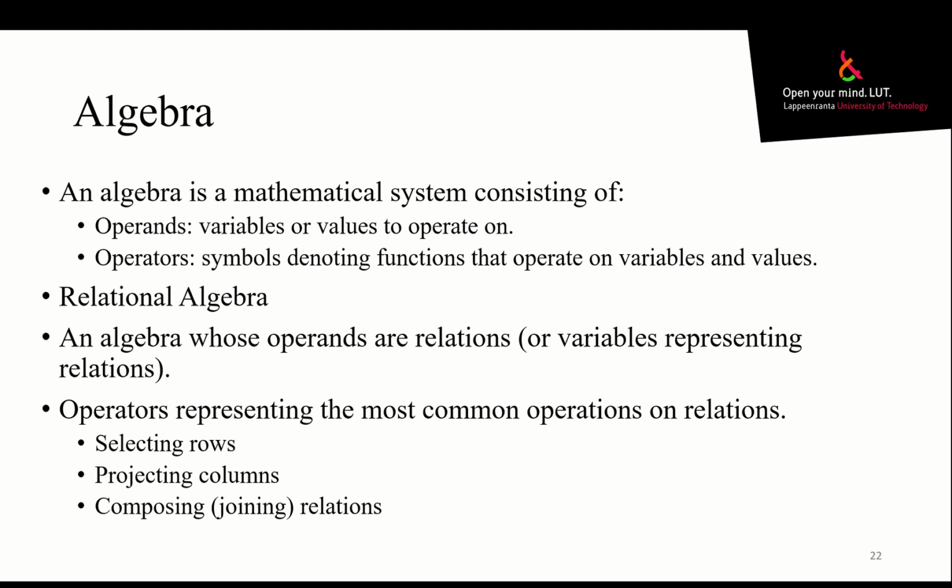For querying here, we have relational algebra, where operands are relations, basically variables representing relations, and we have operators that are common operations on relations, such as selecting rows, projecting columns, and composing, like joining relations. So these are certain aspects of it.